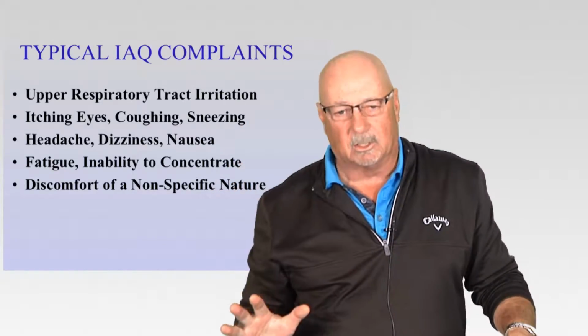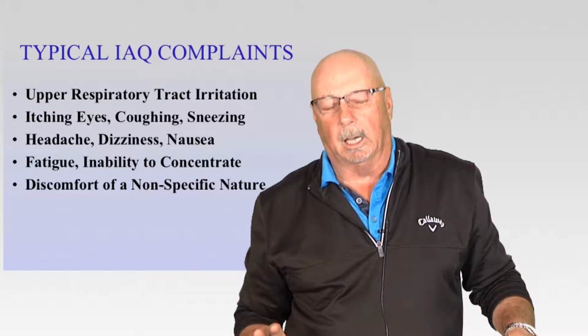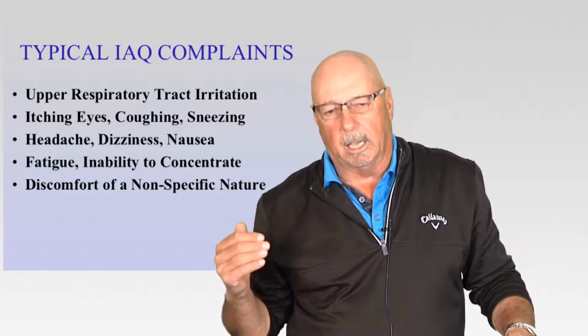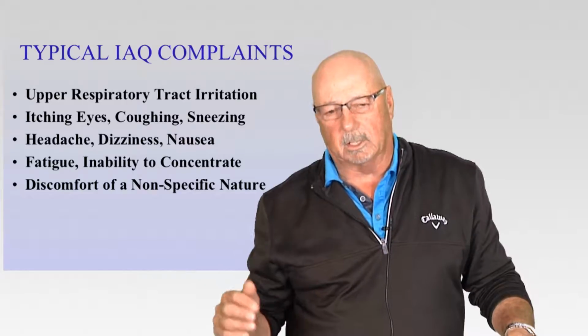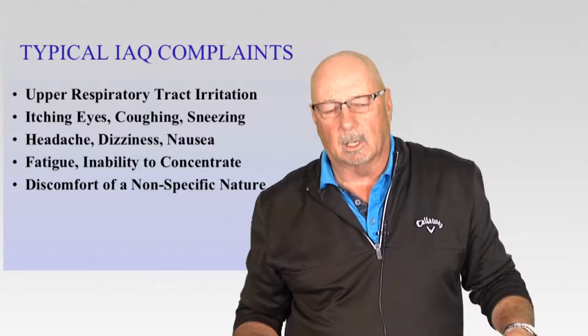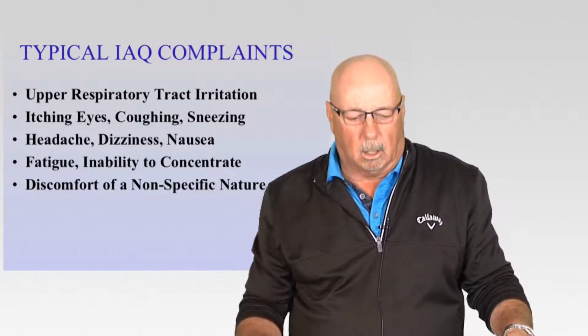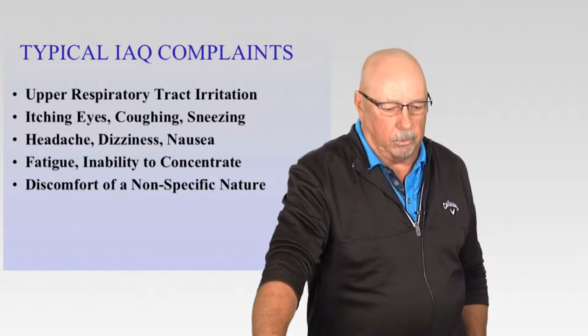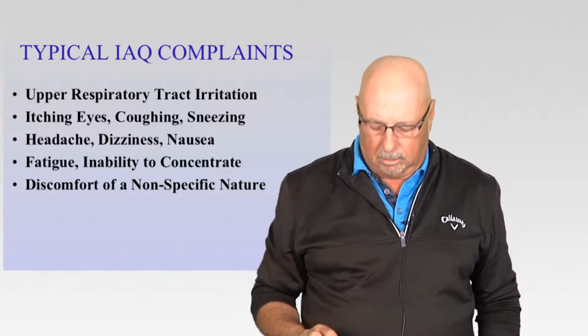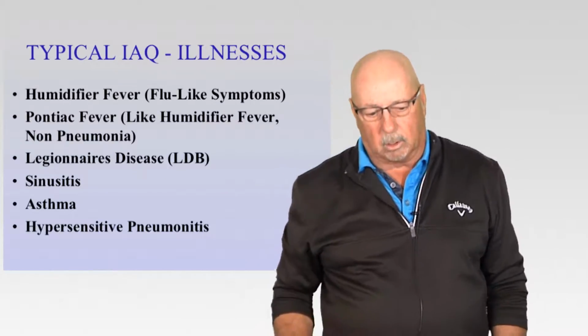And these are common symptoms. Whenever the environmental health and safety person is called and you start doing an investigation, you will find these symptoms are frequently expressed to you in the course of your investigation, and they are real symptoms and justifiable complaints.